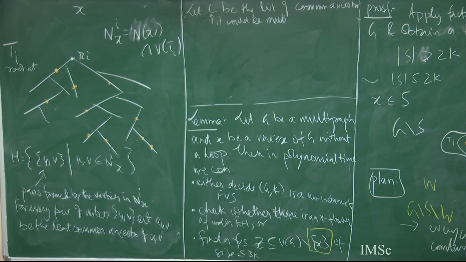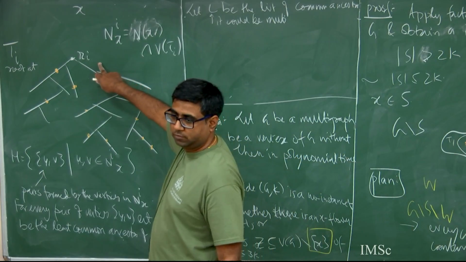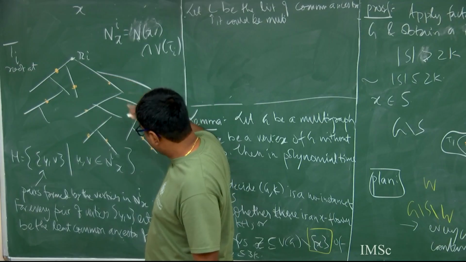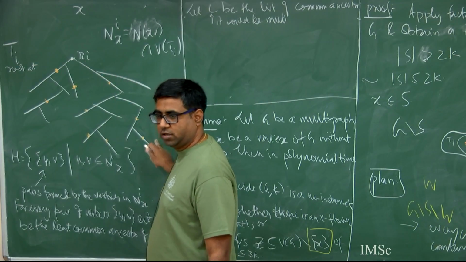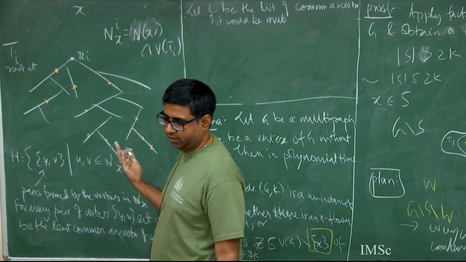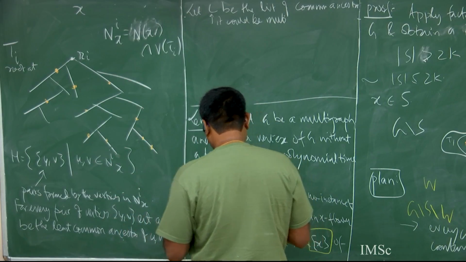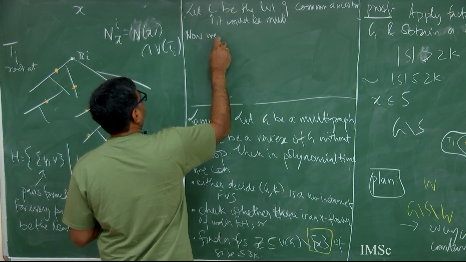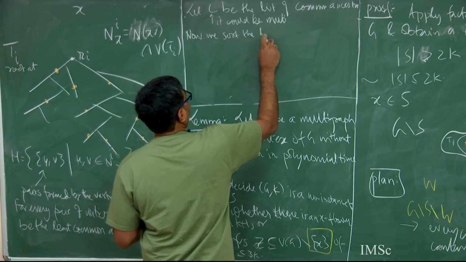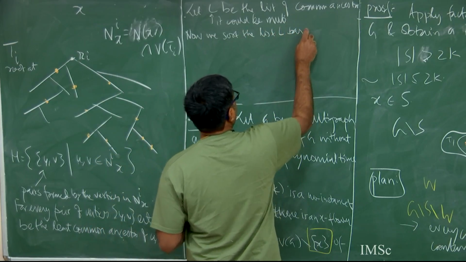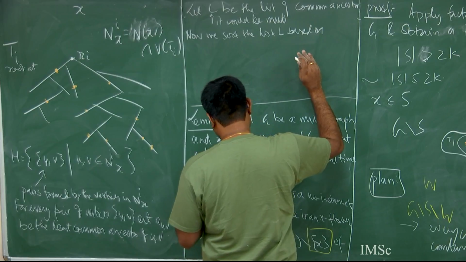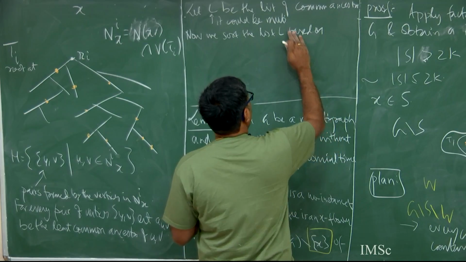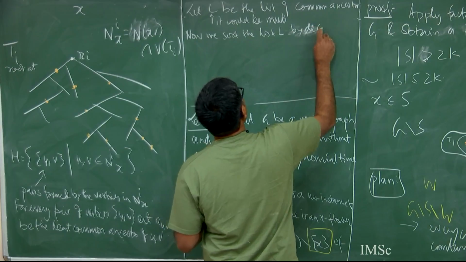So now we want to associate a depth to least common ancestors. What is the depth of a least common ancestor? And this is why we have rooted the tree. The depth of a vertex is how far it is from the root. That's it. It's a very simple definition. So now we sort the list L by decreasing order of their depth.